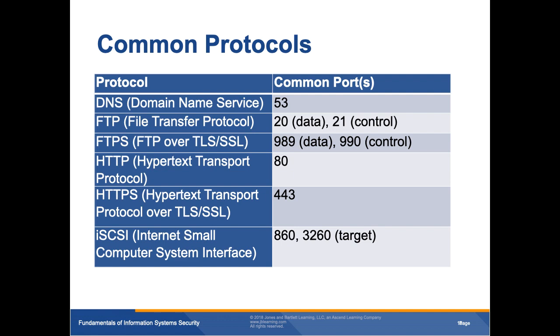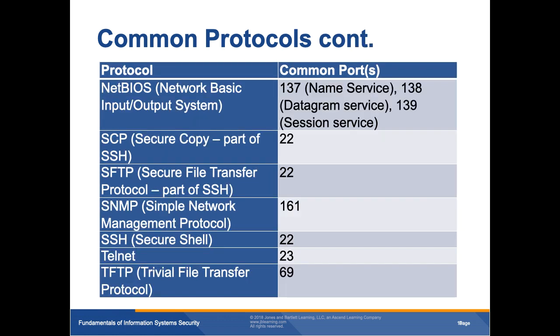And here it's giving some more of the common port numbers, with secure FTP of 989. So FTPS is FTP over TLS/SSL, because normally FTP is in the clear. If you want it more secure, you would use FTPS. Here are even more protocols and their ports.